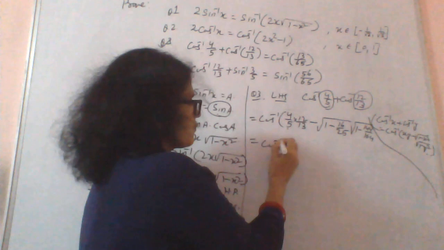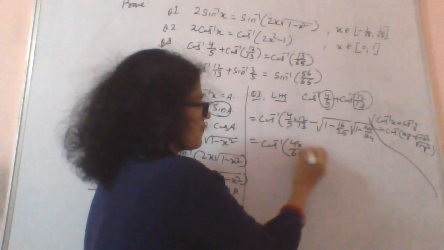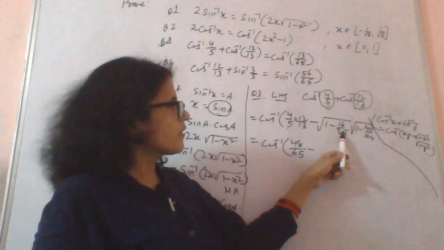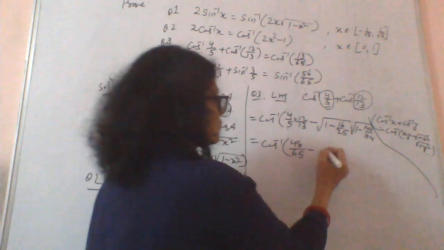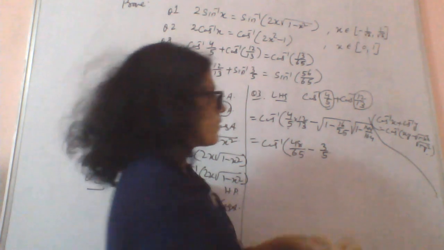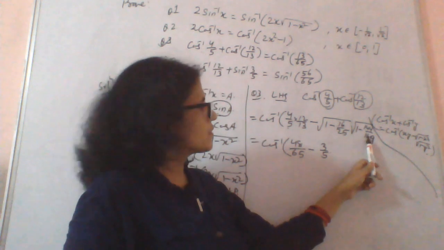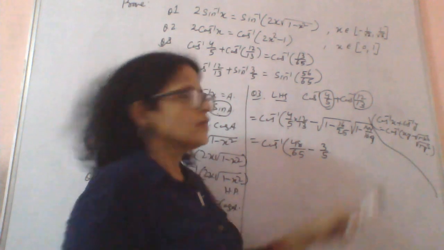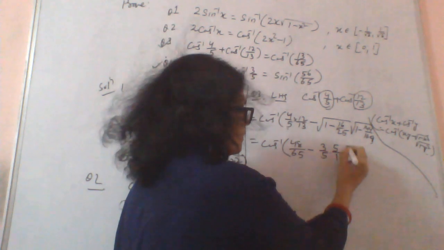So this is equal to cos inverse of 48 by 65 minus, here 1 minus 16 by 25 is 9 by 25, and the square root is 3 by 5. Similarly, 1 minus 144 by 169 gives 25 by 169, and the square root of this is 5 by 13.